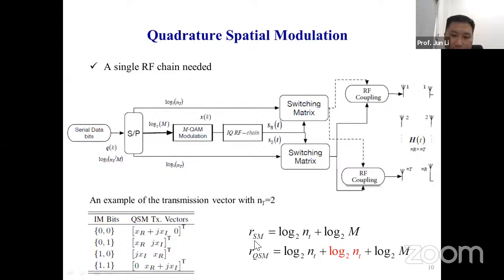But for the conventional SM, there is only one log2 NT, which means the modulated signal x is directly transmitted through only one antenna. So compared to SM, we can see that QSM has a larger transmit rate, with the additional log2 NT.